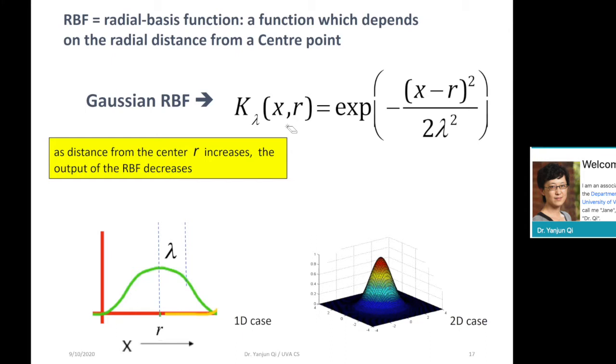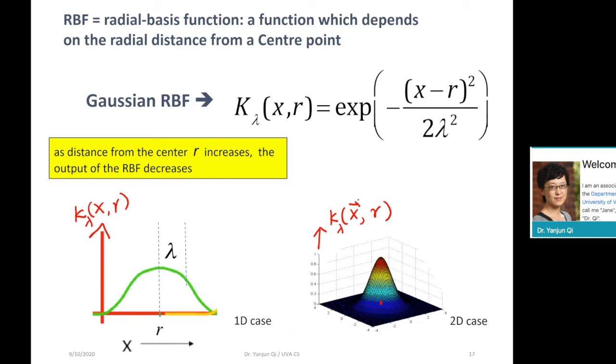Let's look at the one-dimensional case. It's like this kind of hill shape. And when your x is two-dimensional, this vertical axis represents the value of k, the kernel value, and these axes represent the values of x1 and x2, for a specific gamma and a specific lambda.